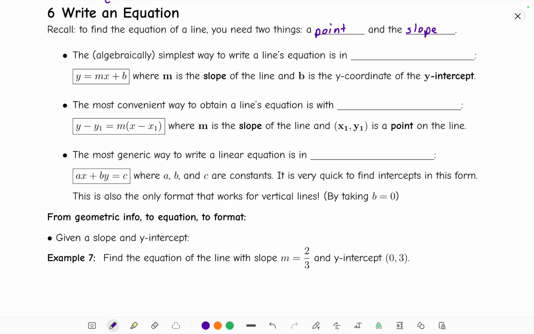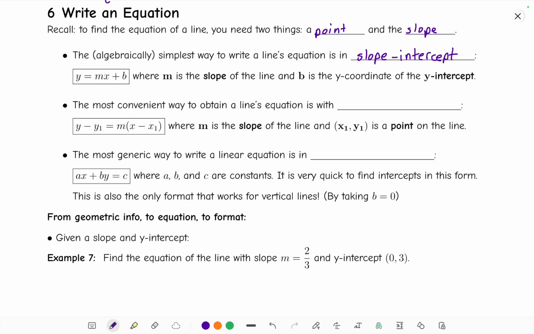The algebraically simplest way to write a line's equation is in slope-intercept form. Y equals mx plus b, where m is the slope and b is the y-coordinate of the y-intercept.